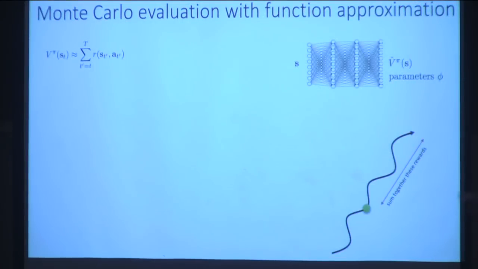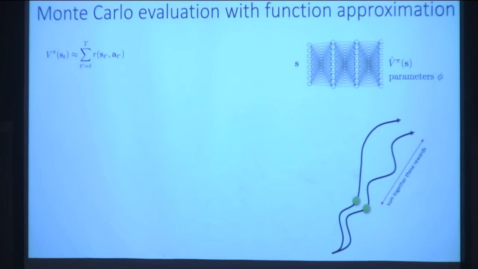So we're going to sum together the remaining rewards along that trajectory, but not just that one trajectory, we'll have some other trajectory. And maybe that other trajectory visited a state that is not exactly the same, but it's similar, maybe it's close by, and that will have a different target value from summing together its remaining rewards. So even though these states are not the same, the function approximator will realize that they're close together.